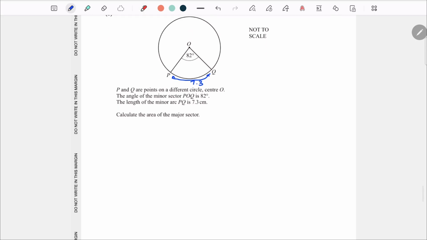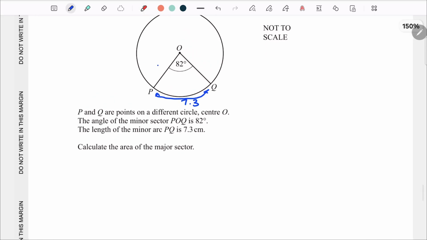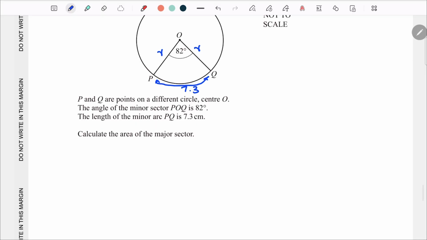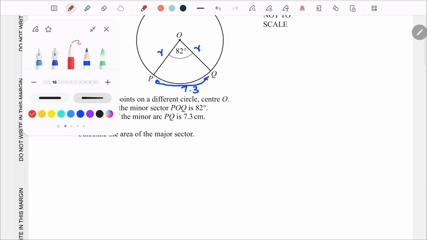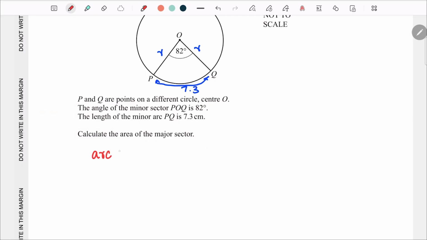So first of all, I'm going to find the radius. OP and OQ are the radius. So the formula for arc length is basically arc length is equal to theta over 360 multiplied by 2 pi r. Now the arc length is given to us because the minor arc is 7.3.